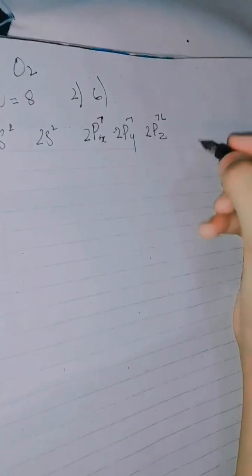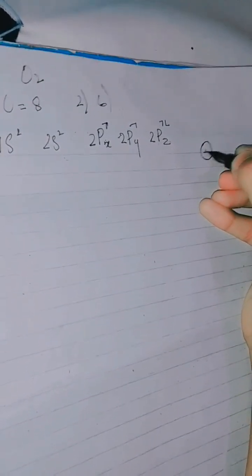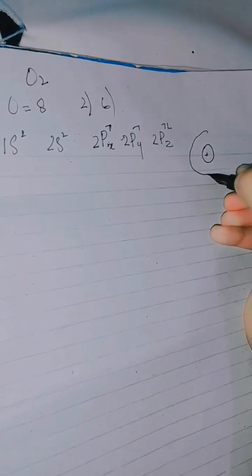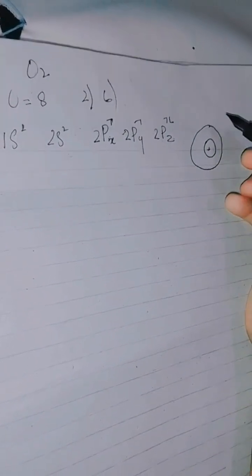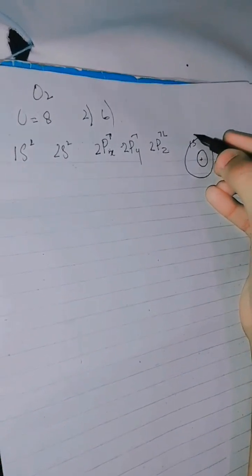Now if we talk about shells and orbitals, that is the nucleus. First is the K shell, and in the K shell there will be only 2 electrons, that will be 1s2.